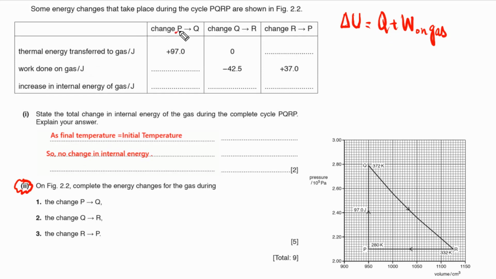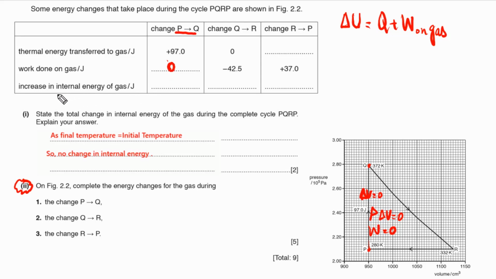We simply need to understand how to use the first law of thermodynamics for the second part. Now, for the change P to Q, as you can see here, Q is here. In this case, there is no change in volume. As I mentioned before, delta V is equal to 0. It simply means that P times delta V is equal to 0, so work done is equal to 0.